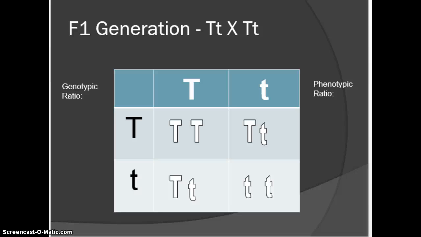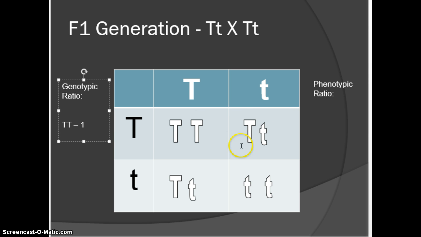So what will happen is we are going to look at each of our offspring. If we look at our very first square, we have a T and T. We have a homozygous. One of these. So that was this one right here.